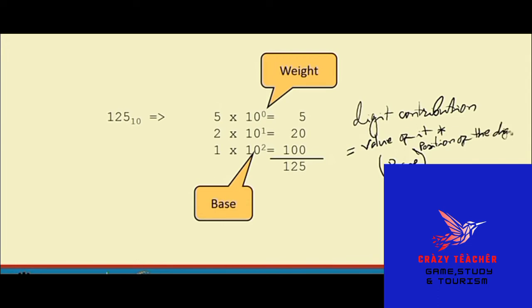So this is the overall formula that we are getting: digit contribution is the value of it multiplied by base to the power of the position of the digit.